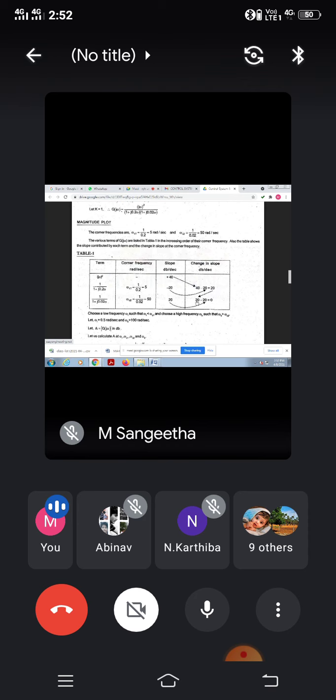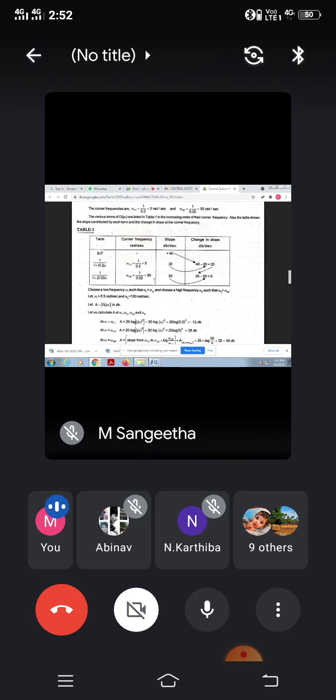You take this value minus this value. Already I told you, if s is present in the denominator, you put minus 20. Here the minus sign was left out by mistake. Here one minus is there to solve. So this 20 minus this 20, 20 minus 20 is 0. So we have derived this table.